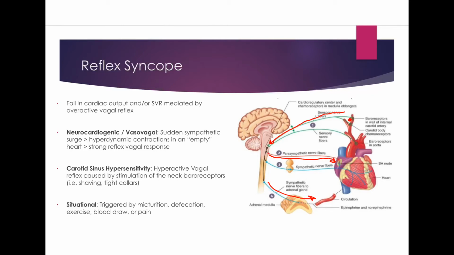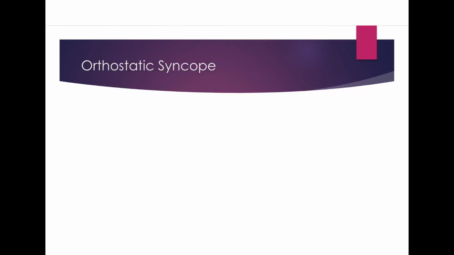And this in turn will lead to a fall in cardiac output and a decrease in the systemic vascular resistance. Orthostatic syncope is associated with the inability of the sympathetic nervous system to compensate for a sudden drop in venous return to the right side of the heart, caused by a sudden change in position from being supine or seated to standing.